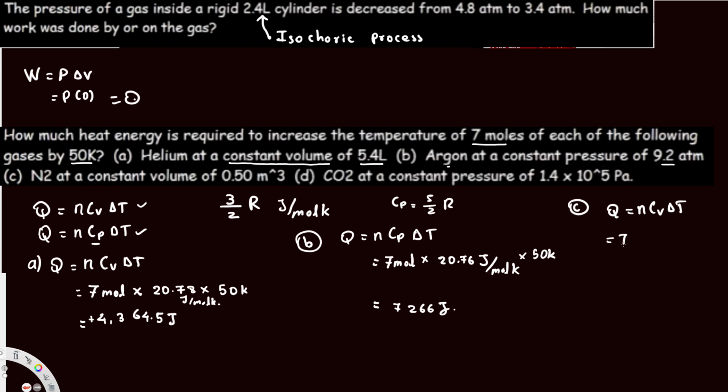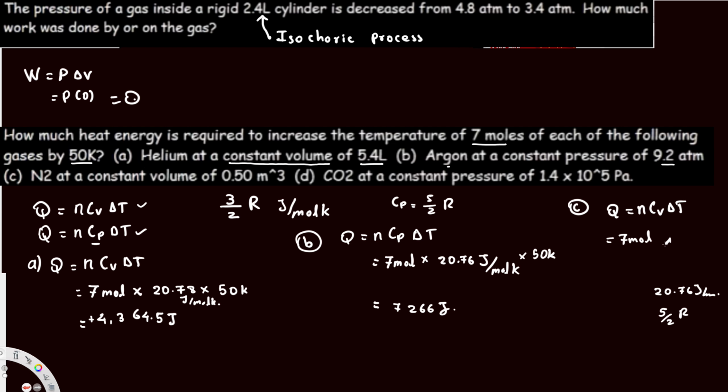N is provided, 7 moles. For diatomic gases, the Cv value is 20.76. Also, you can calculate this value using 5/2 R, so it will give a similar value. This is joule per mole Kelvin.